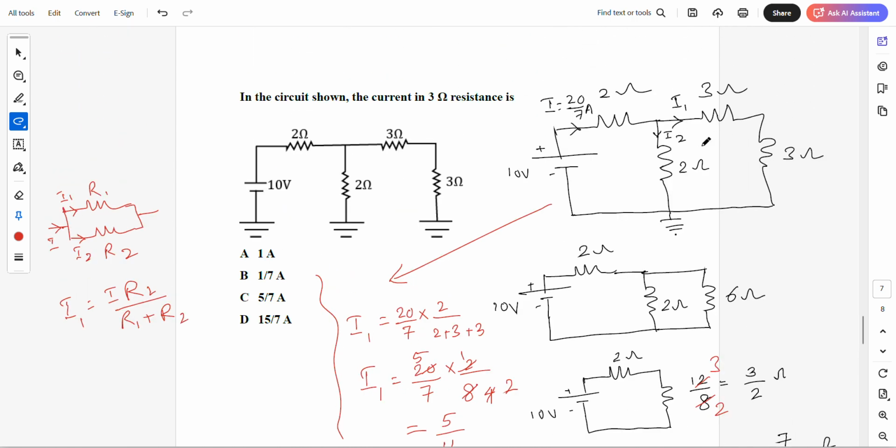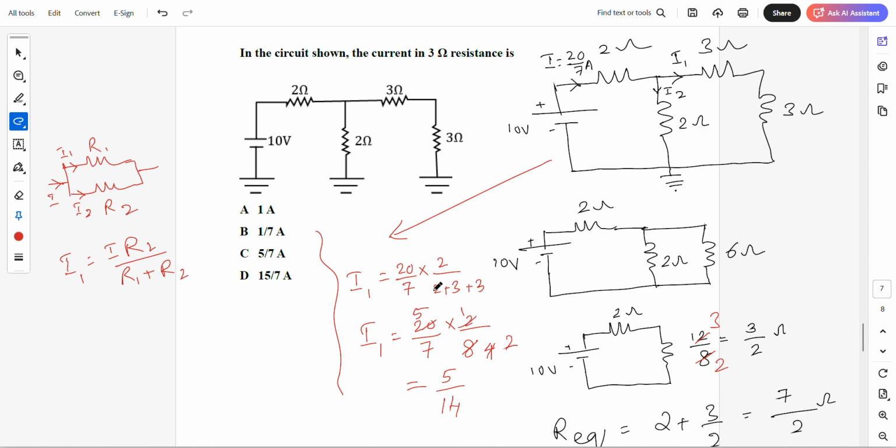How much is I1? I1 you have to calculate. I1 is equal to main current 20 by 7 into resistance of the other branch, 2, divided by 2 plus 3 plus 3. Yes, right. This is 20 by 7 into 2 by 3 plus 2 is 5 plus 3 is 8. Understood? 4 2s are 8.